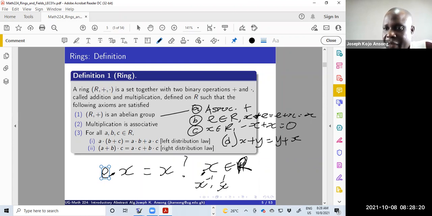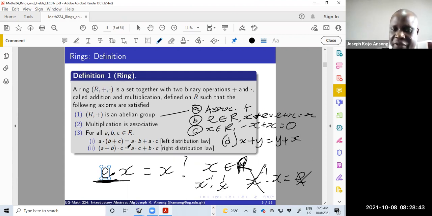And that makes sense because if I'm not requiring a multiplicative identity, of course, I can't require a multiplicative inverse, because when I multiply the inverse by the element, what I need to have is the identity. But I don't need the identity, so I also don't need a multiplicative inverse to have a ring.